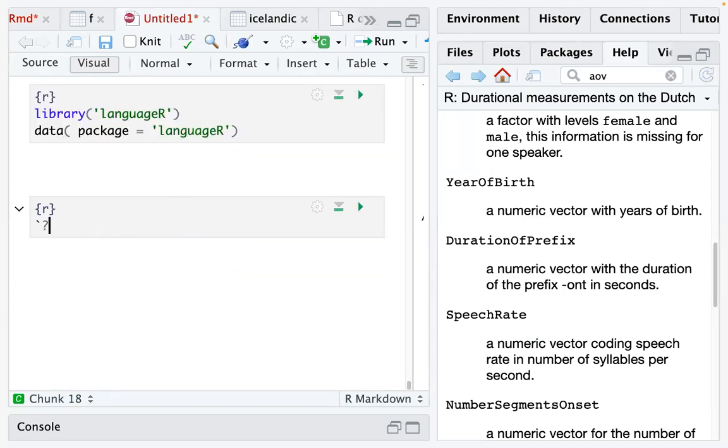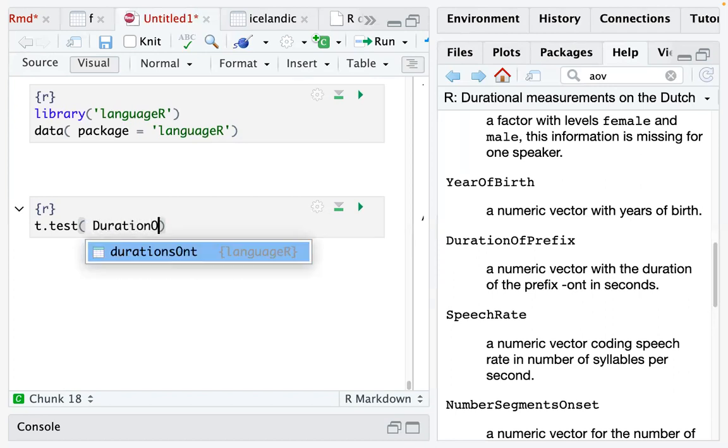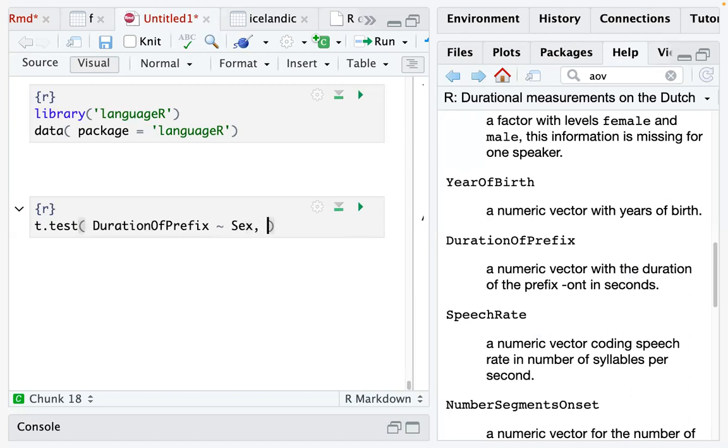a t-test in which I want to predict the duration of the prefix using the sex, on the data.